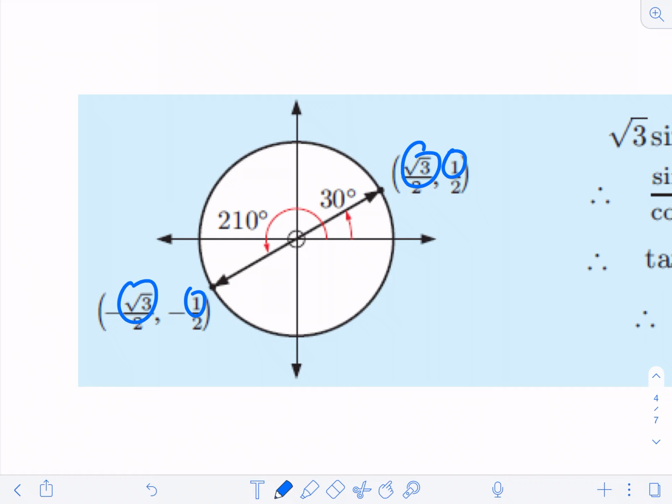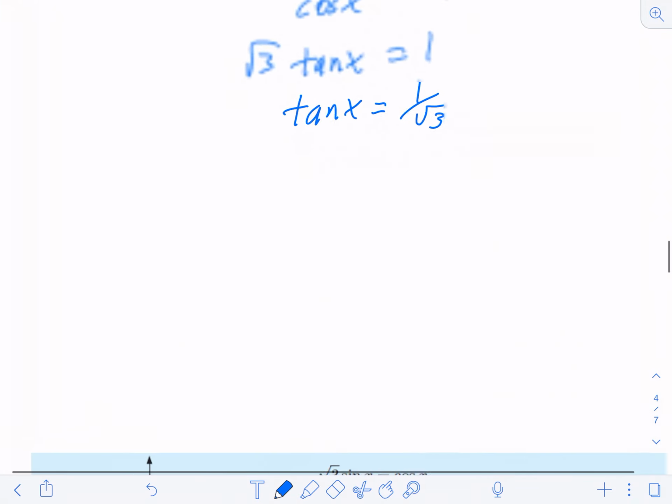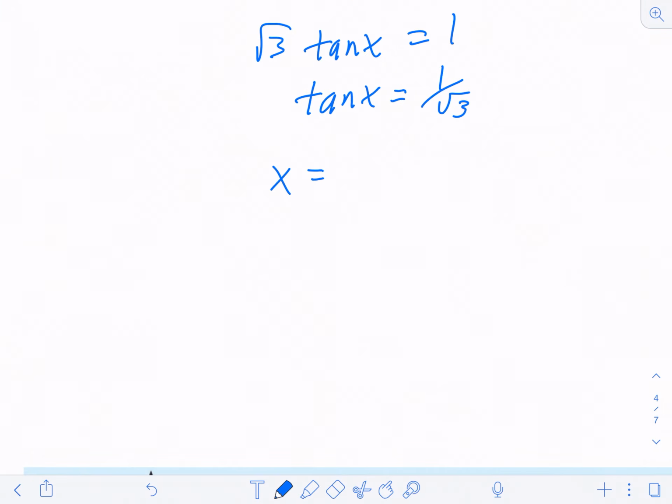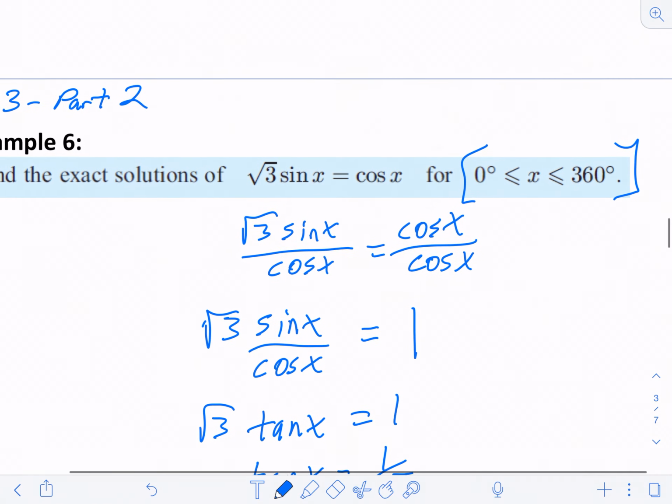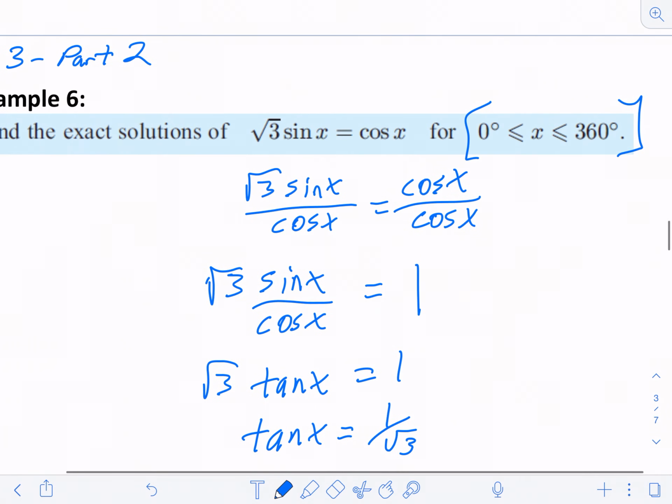This is where we have tangent values of 1 over radical 3, and that's going to be at my 30 degrees and at 210 degrees. So my answer for this problem, x is going to be equal to 30 degrees, and x is going to be equal to 210 degrees. And we had them in degrees because the x value is between 0 and 360.